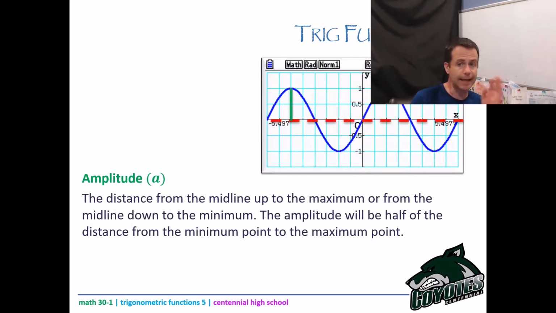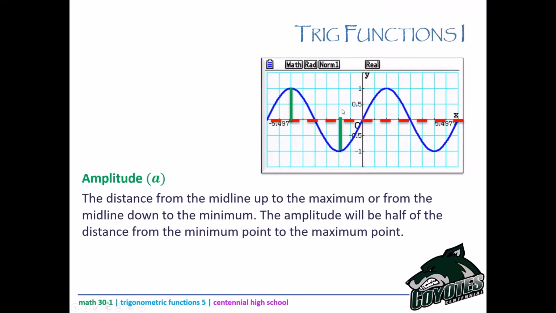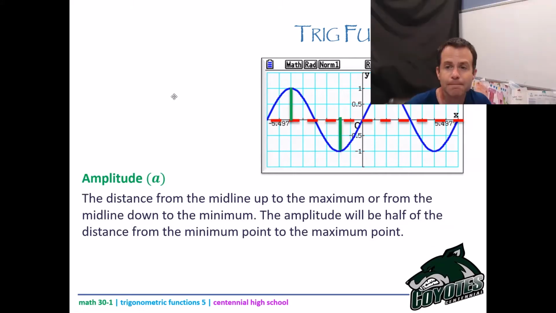And that would look like that green one that I've just put in there, okay? So I've shown it to you going up or going down, okay? Actually, I'm just going to hide my head here for a second just to make sure you can see what I've done there. So the red line here is your midline, and then the green line is your amplitude, okay?